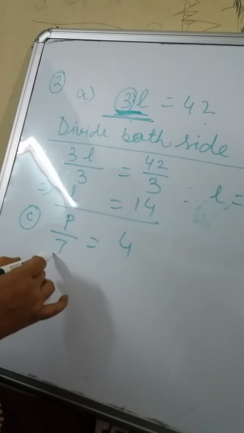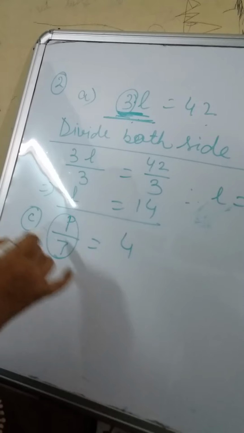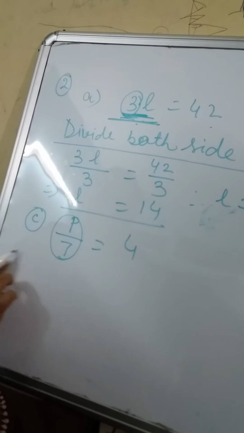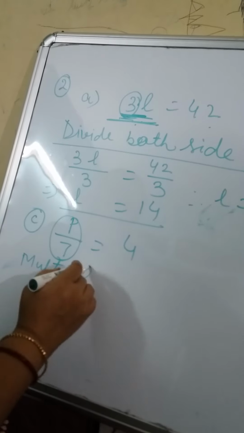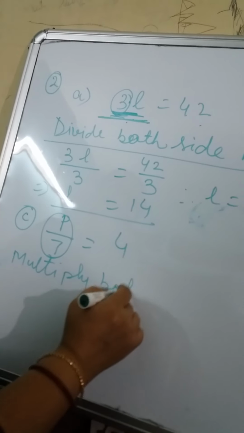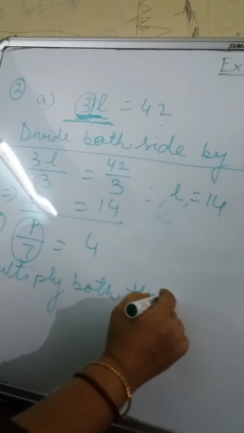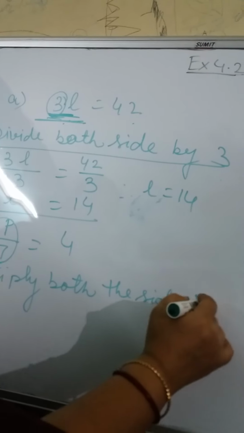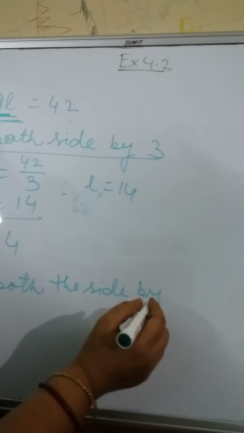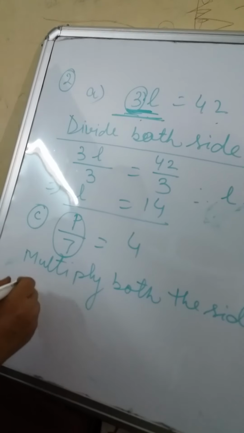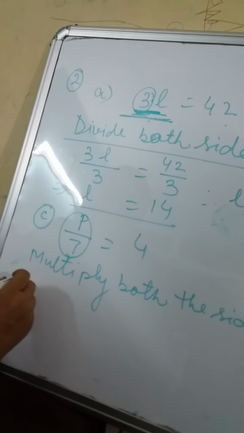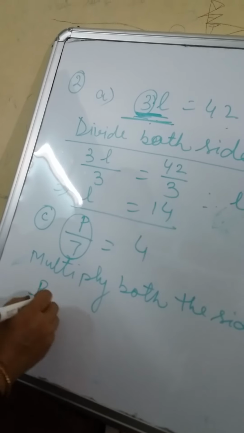Here p by 7 means it is division, so you have to multiply. So multiply both sides by 7.